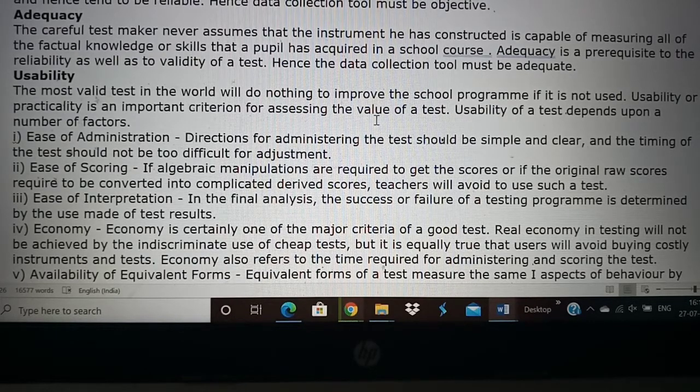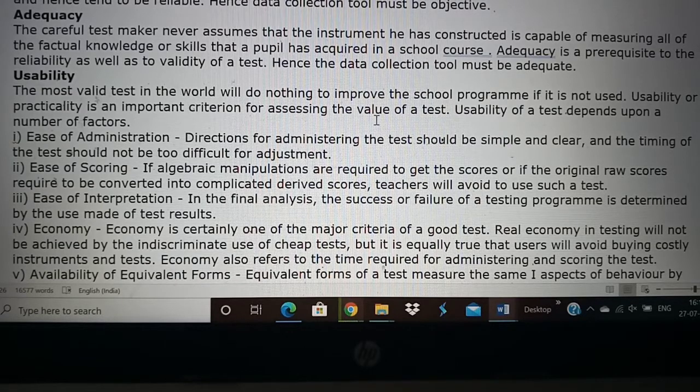Then ease of scoring. If it's quantitative data collection, you give 1 mark for each right answer and 0 marks for each wrong answer, which is an easy way of scoring. You cannot complicate it by saying -1, +1, and all these kinds of wrong scoring should not be there. So scoring should be easy.